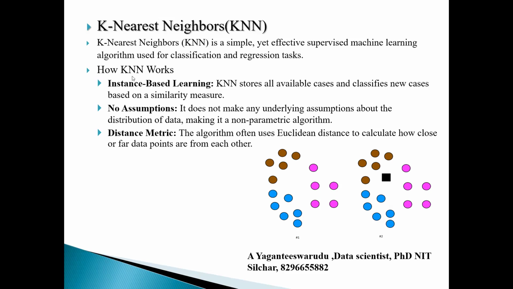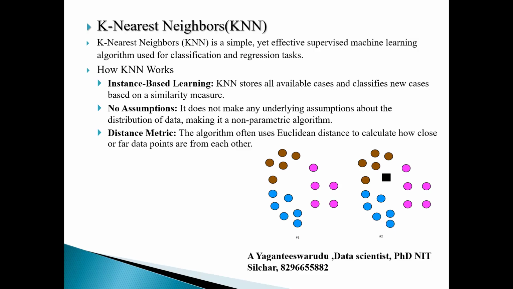This KNN is based on instance-based learning. So what does instance-based learning mean? For example, you are going to work with diabetes prediction or COVID-19 prediction. Let us say you have 1,000 diabetic patient records. What KNN will do is take all the available cases, nothing but all the available records, and calculate the distance for the new point.